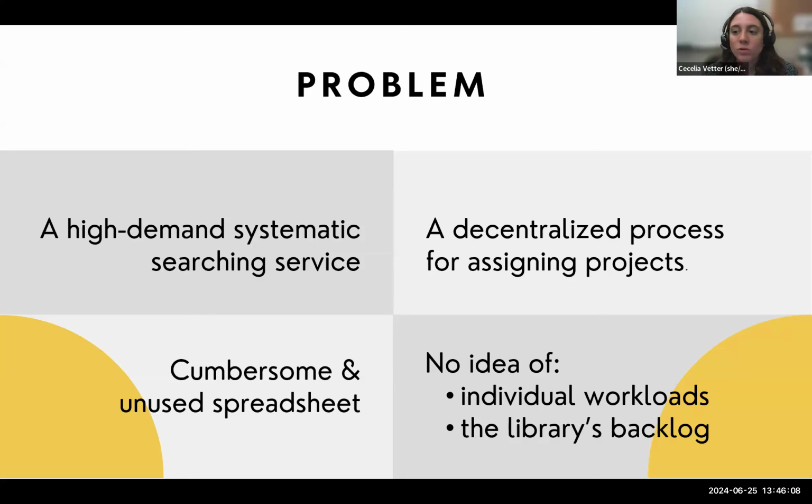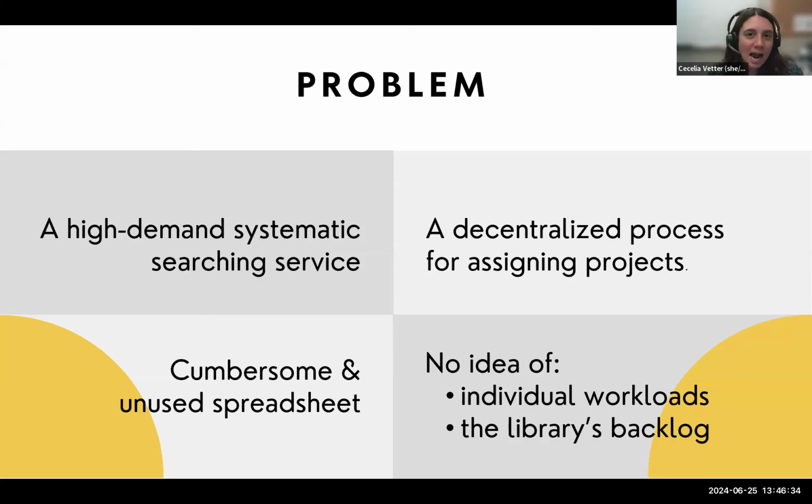And if that librarian was too busy to take on that search, it was their responsibility to find another colleague who could then take that search, maybe sending an email out to all of the librarians here. And so this led to a diffusion of responsibility, and it really led to some extra stress on that librarian who received the request and was trying to find another librarian to take it over.